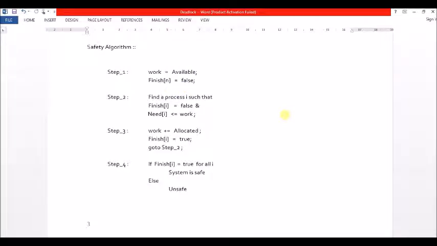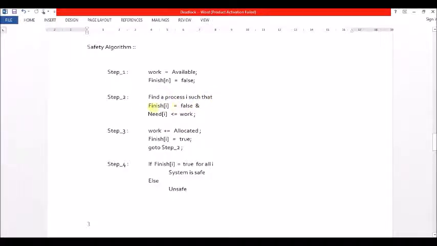In the second step, we try to find a customer who is requesting something and to whom we can provide a loan. It means we try to find a customer whose need is less than the available money, right? The same step is followed in the safety algorithm. We find a process i such that it is not successfully completed.